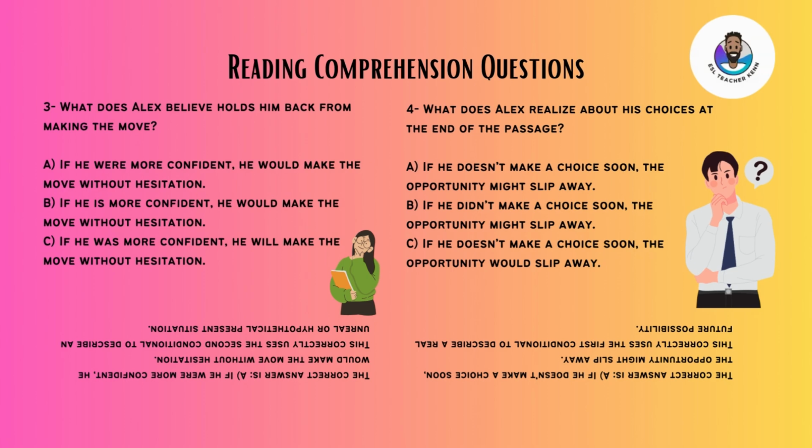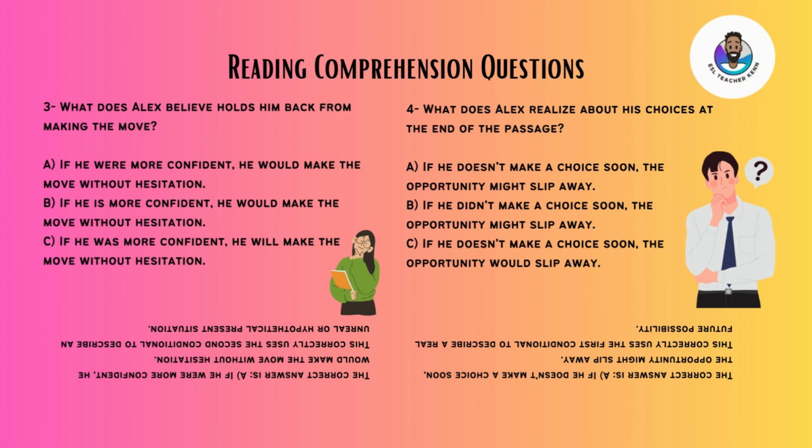3. What does Alex believe holds him back from making the move? A. If he were more confident, he would make the move without hesitation. B. If he is more confident, he would make the move without hesitation.